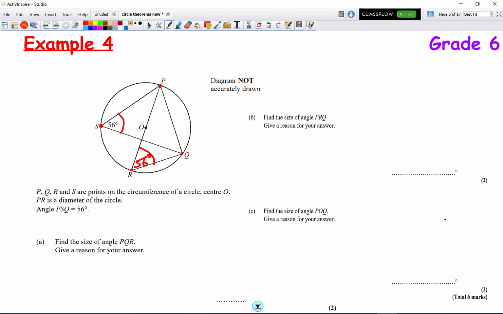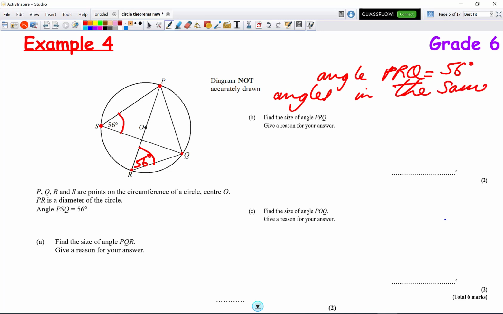So angle PRQ is equal to 56 degrees, and the reason is that angles in the same segment are equal. That's the circle theorem.